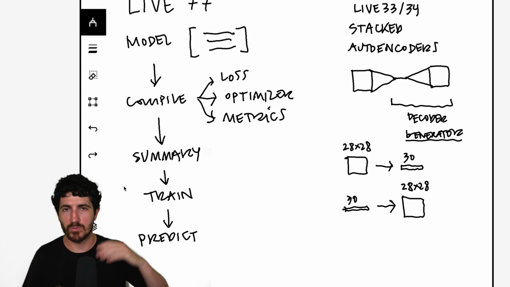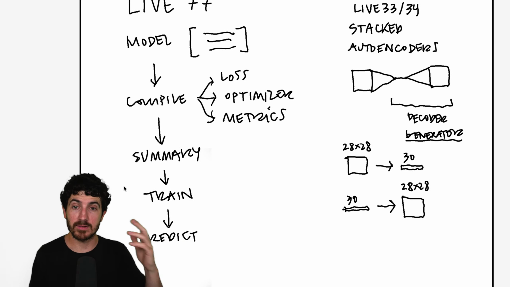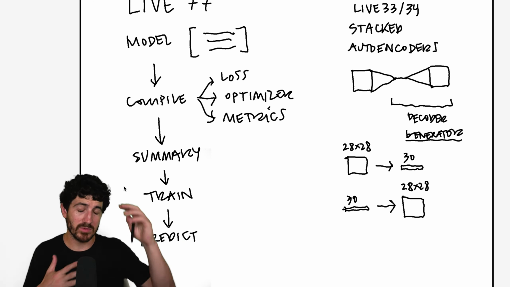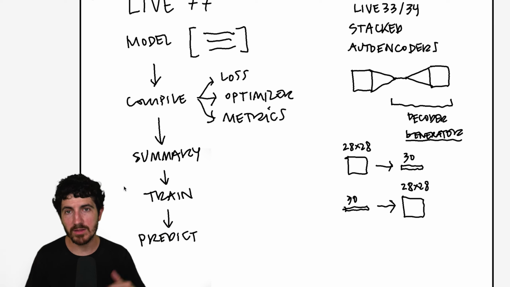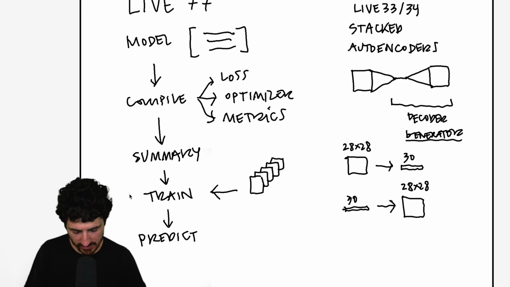All right, so here's the process. Model, we define the layers. Compile, we are defining the loss that we're using, the optimizer, and the metrics. Summary, we just see the entire model that we created. Then we train, we need to feed in data, right? So we need to feed different samples that our model is going to learn from. And then we predict.